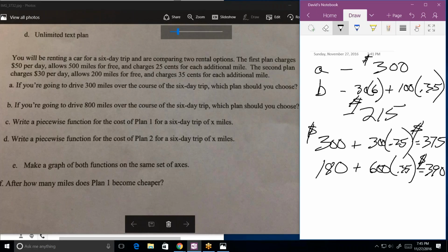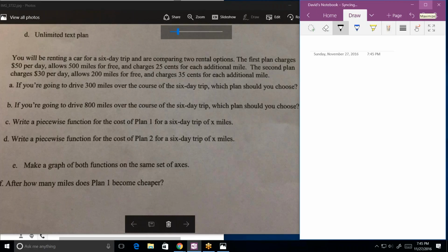Okay, so now we get to part C. Write a piecewise function for the cost of plan A for a 6-day trip with X number of miles. So what's my cost? Cost as a, we'll even label it C. Cost as a function of X is going to be what?